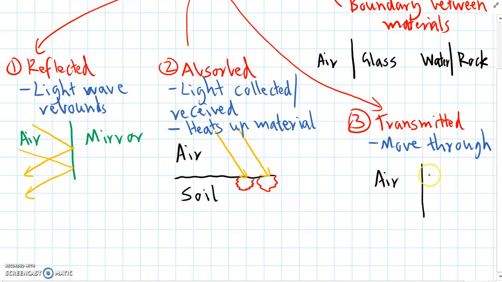We have air on the outside, and then we have glass here, and the boundary between the two. So when light waves come through the air and hit the glass, they're transmitted so they go straight through the glass. And that lets us see through that object.